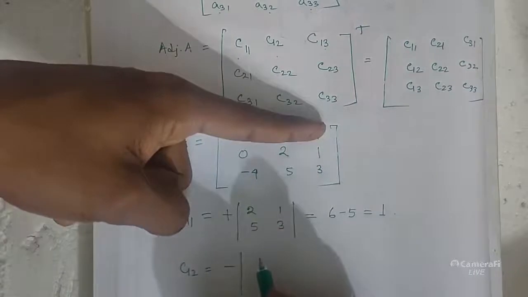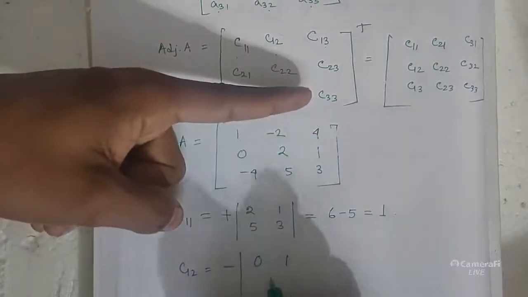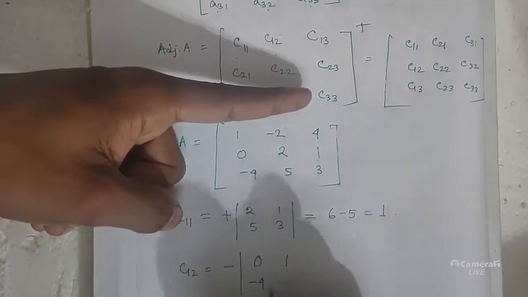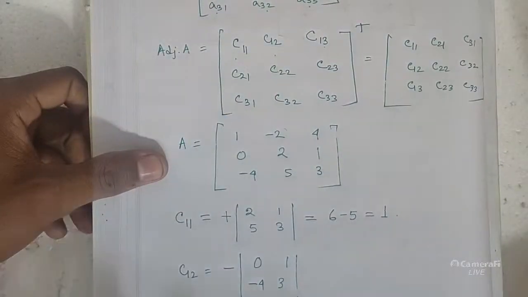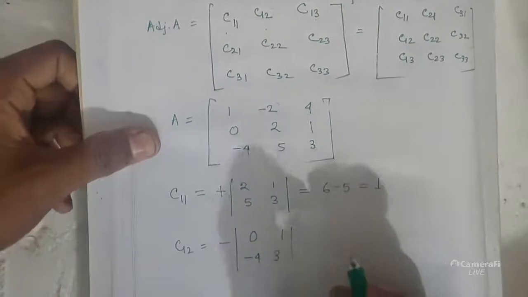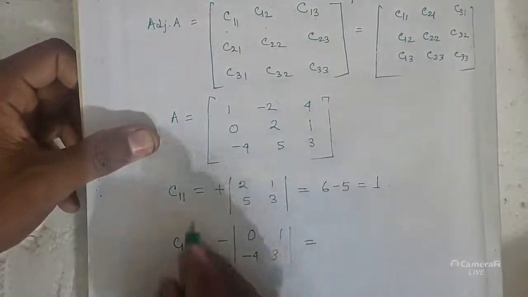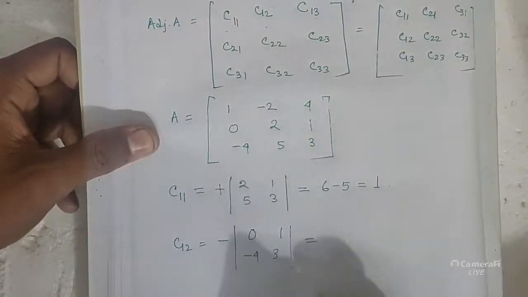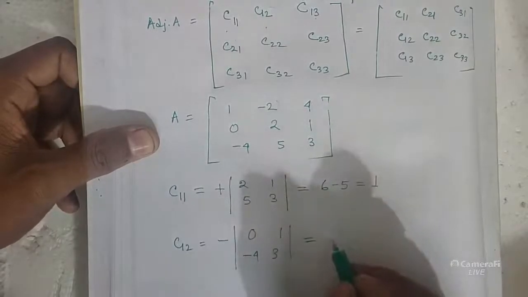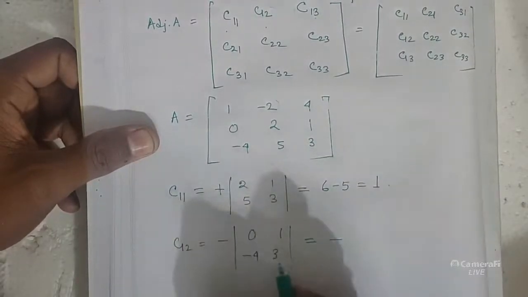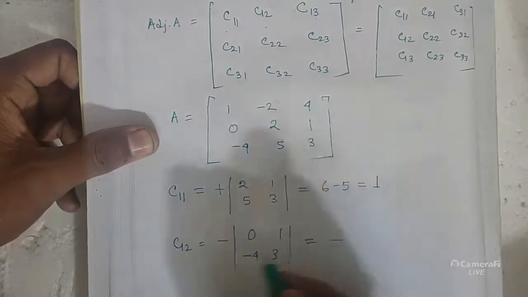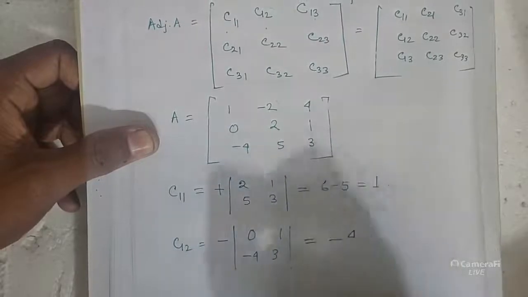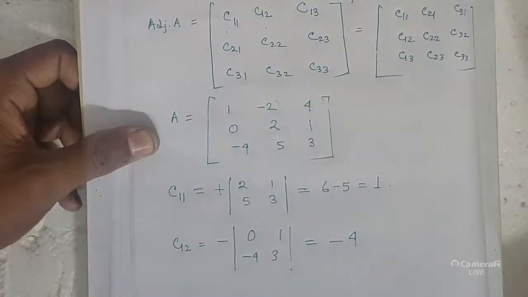So write it down under the determinant: 0, 1, -4, 3. Now you have to calculate the value. So here you get 0 into 3, 0, minus of -4, that is +4. And outside here it is minus. So ultimately you get -4.